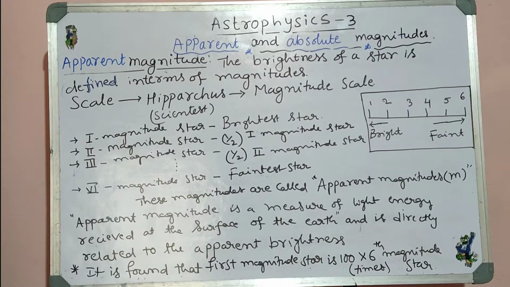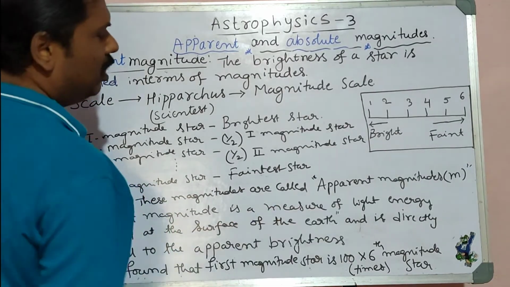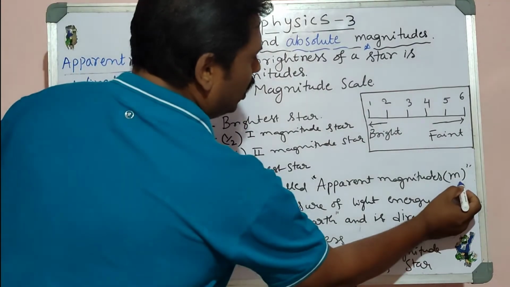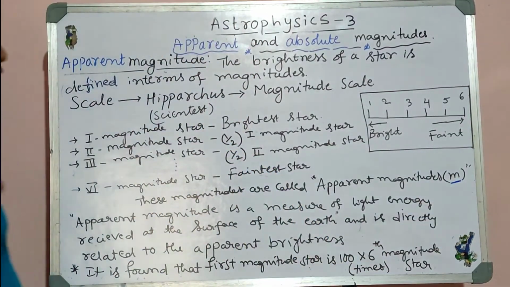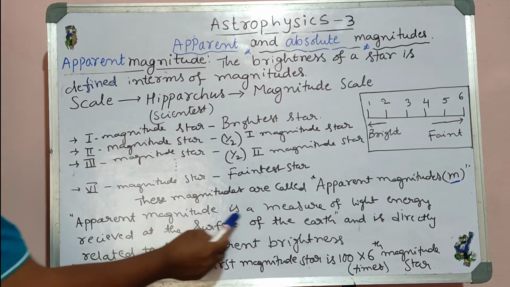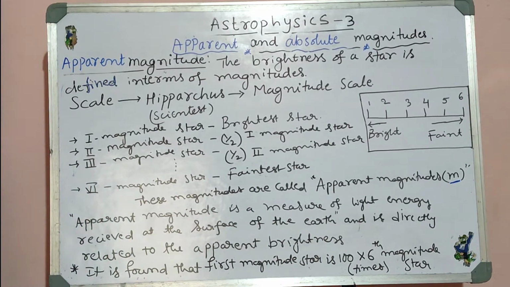Now these magnitudes are called the apparent magnitudes. It is represented by the letter small m. Apparent magnitude is a measure of the light energy received at the surface of the earth.